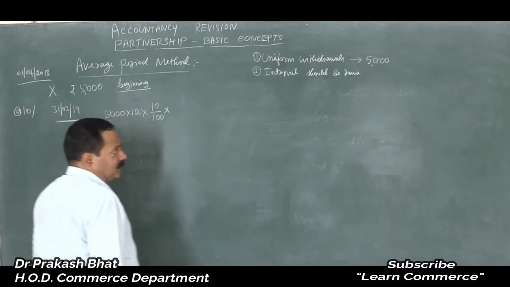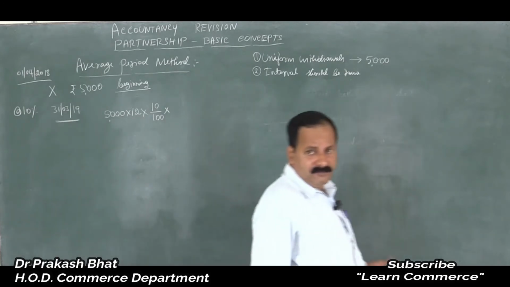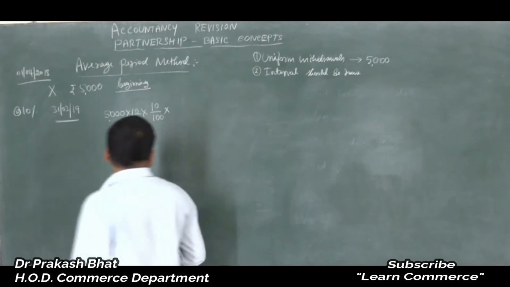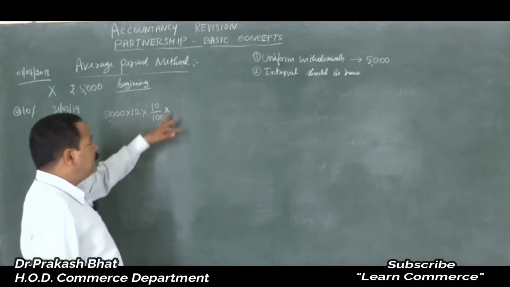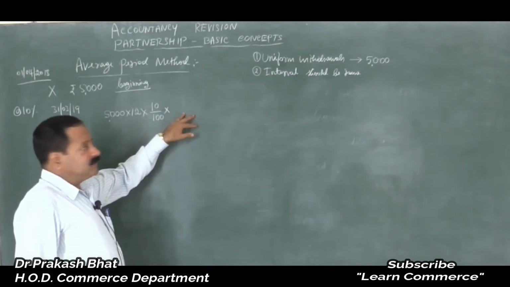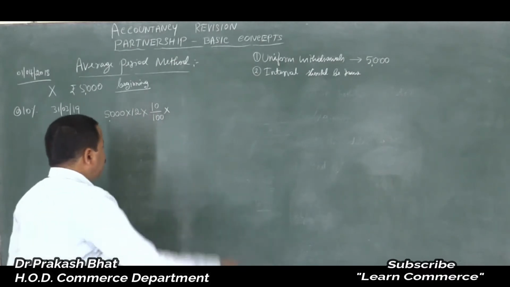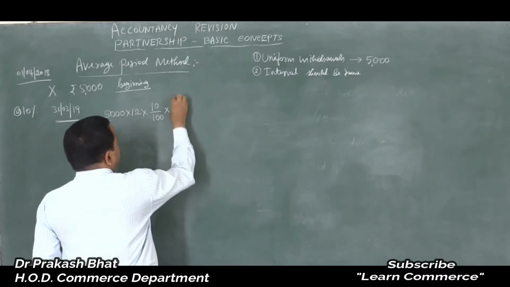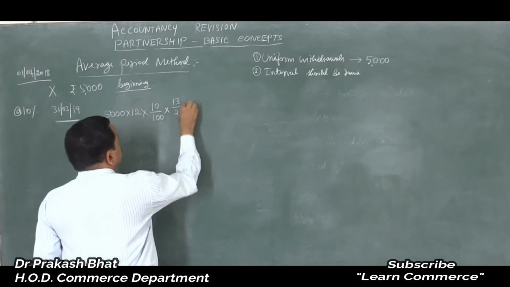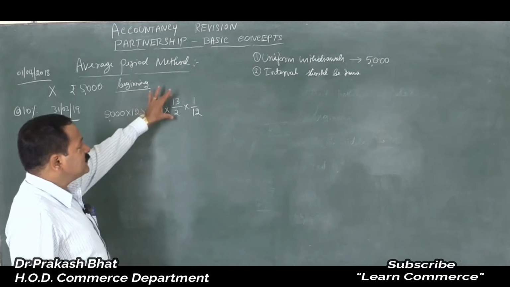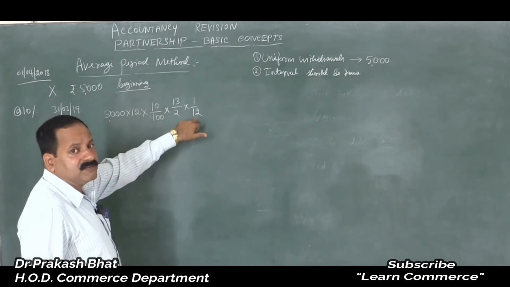For how many months we have to calculate? We have already analyzed that, isn't it? 6.5 months. How to write 6.5 months? Either you write 6.5 because you have a calculator, or actually the system is to write 13 by 2 into 1 by 12, because 6.5 months out of 12 months.